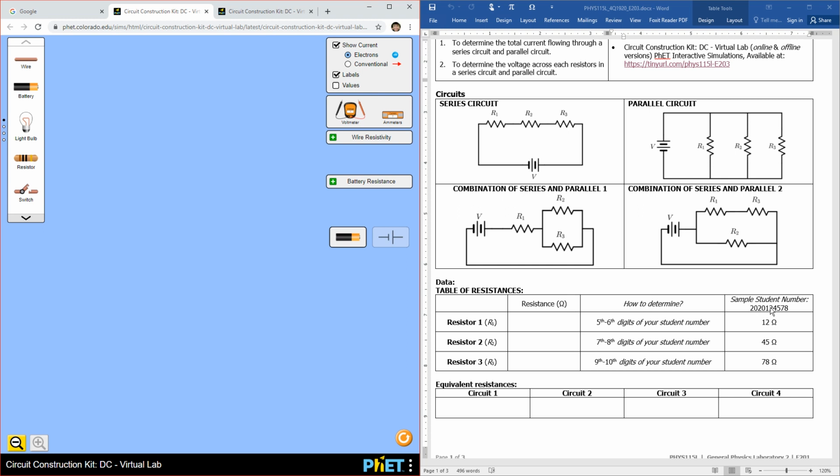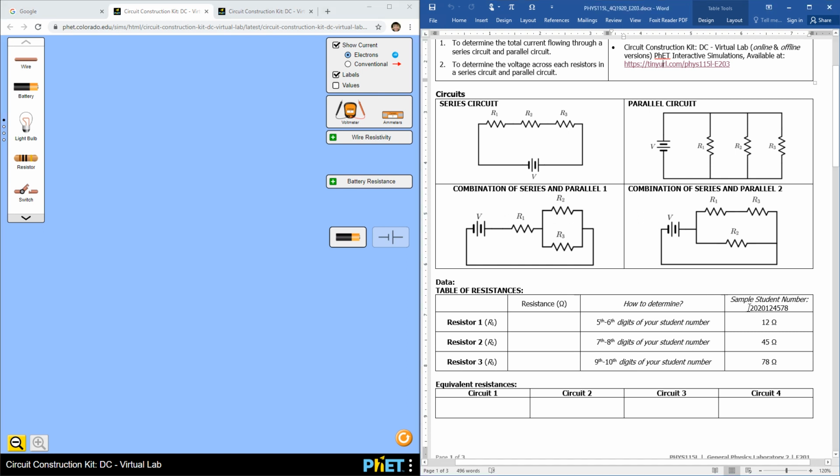How do we determine it? Looking at your student number, the 5th and 6th digits give the resistance of your first resistor. The 7th and 8th digits will be the resistance of your second resistor, and the 9th and 10th digits are the resistance of your resistor number 3.